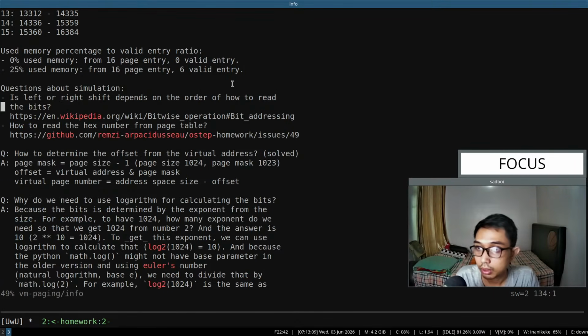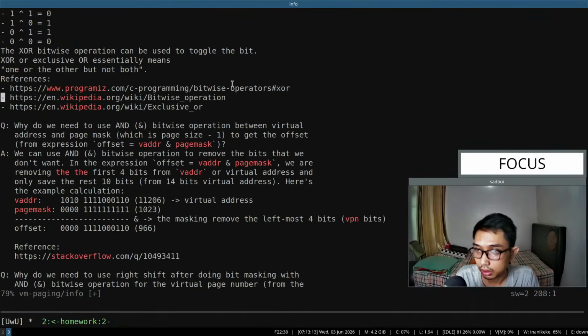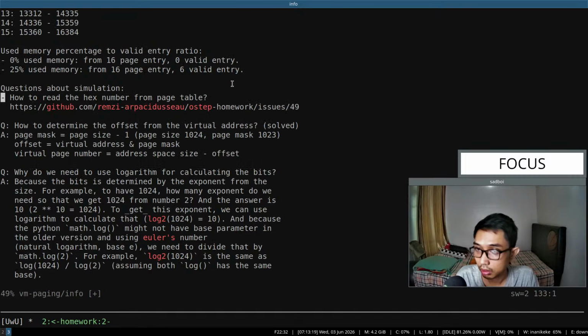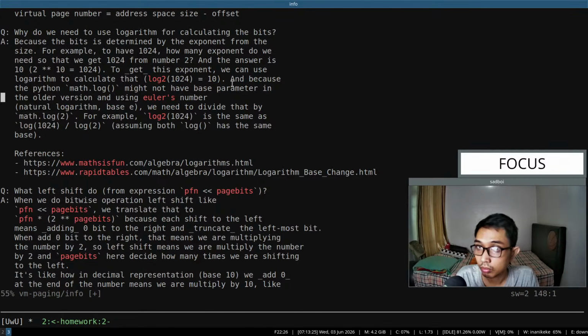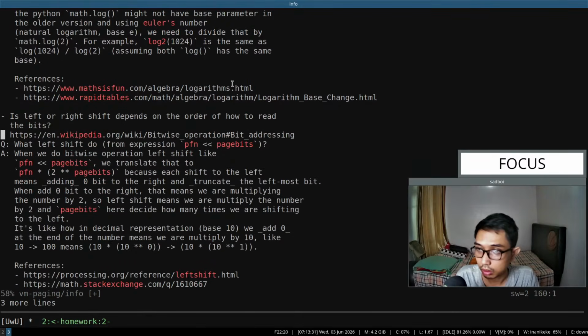Okay, let me put this. Should I put that before the left shift explanation? Maybe in this one.